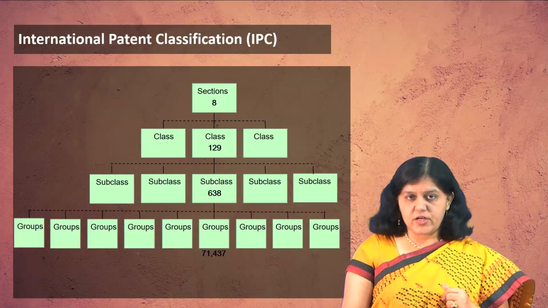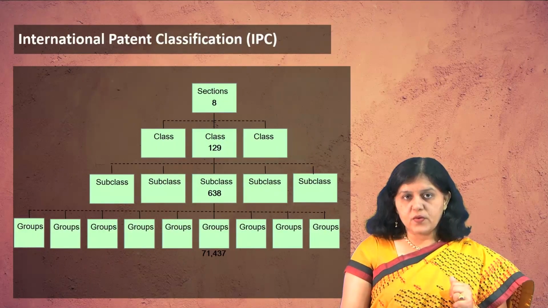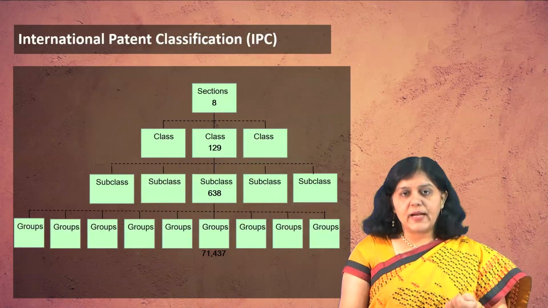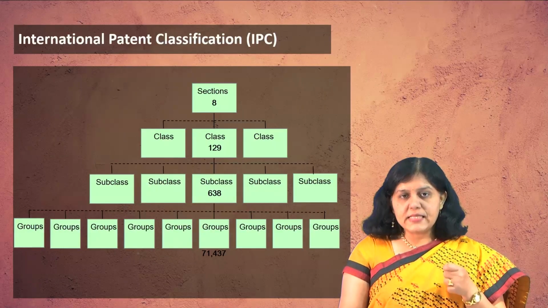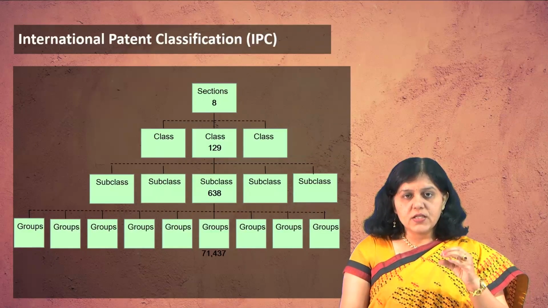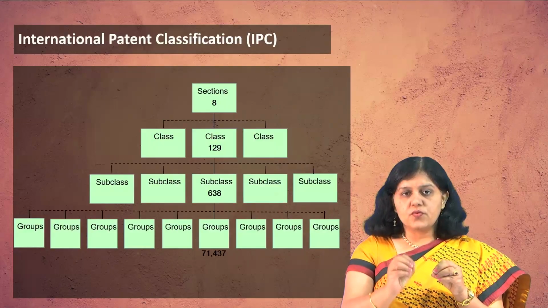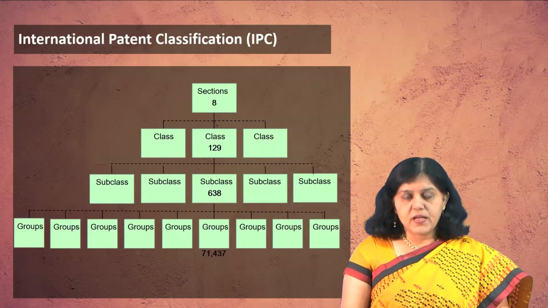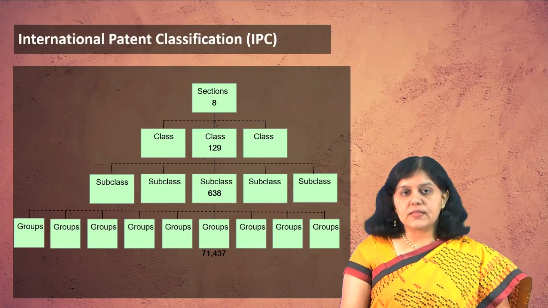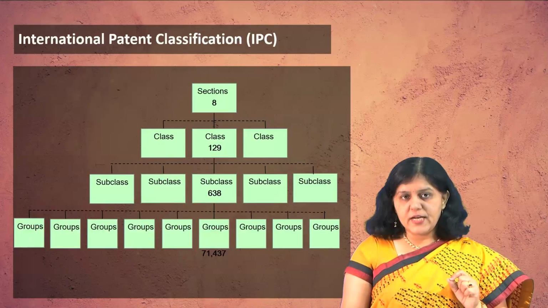The main group title precisely defines the field or subject matter within the scope of that subclass considered useful for search purposes. Main group symbols and titles are presented in bold in the classification.